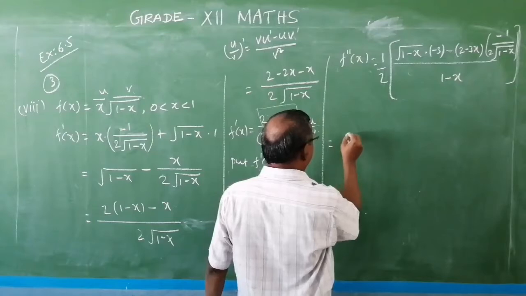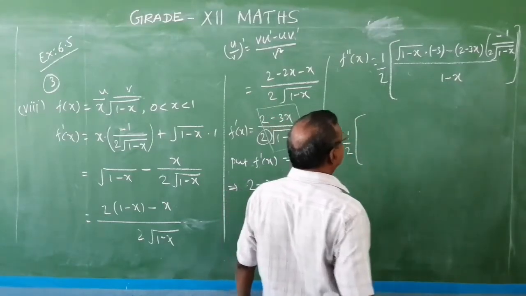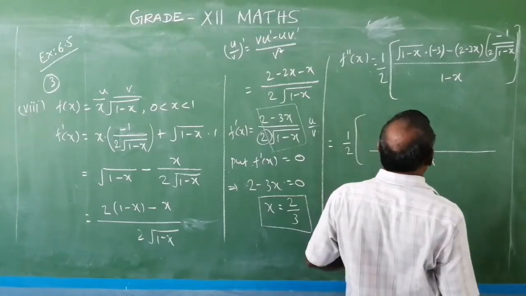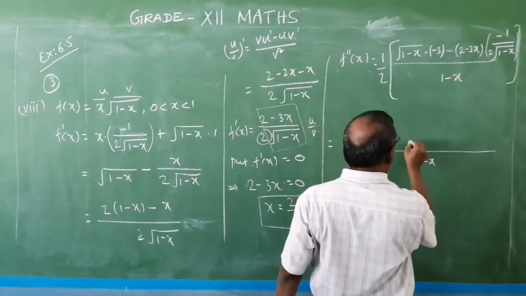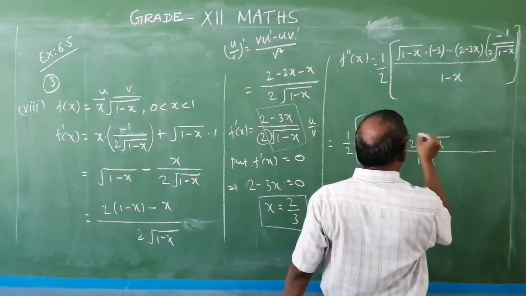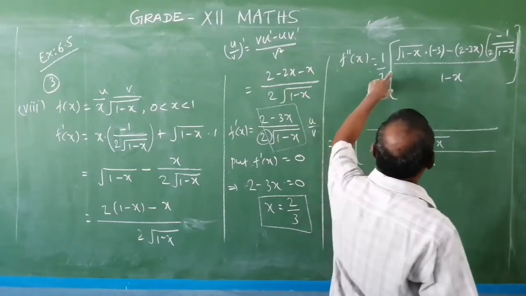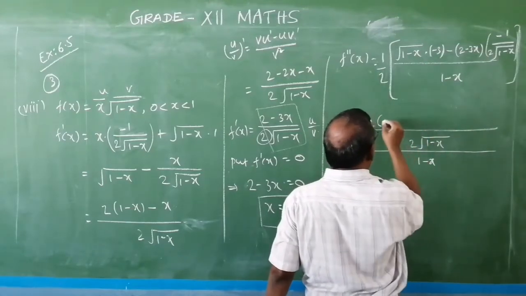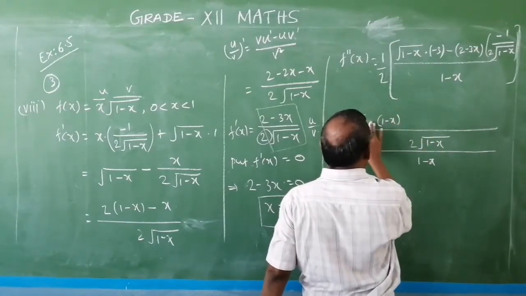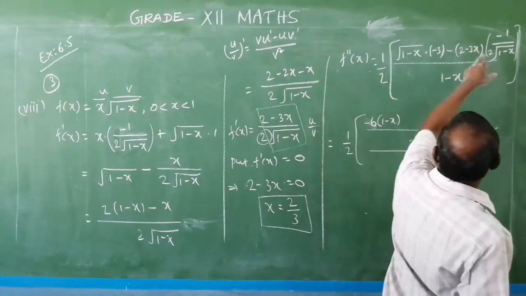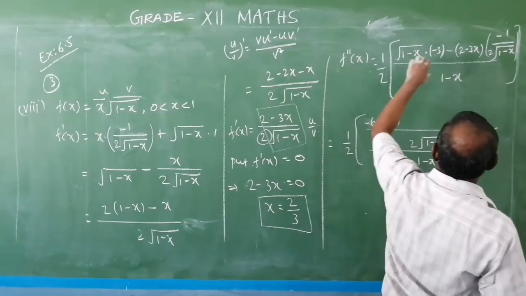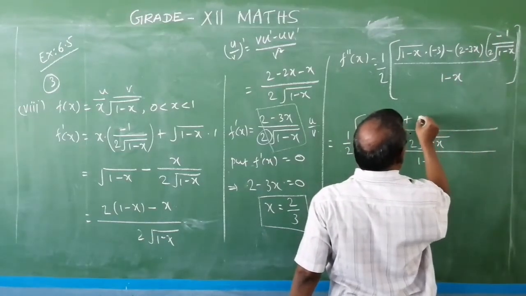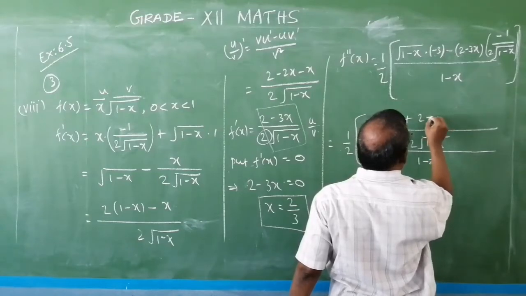That is equal to 1 by 2 into, now taking the LCM, the denominator is 1 minus x, and in the numerator itself we have to make it a fraction, that is 2 into root of 1 minus x is the LCM, and 2 into root of 1 minus x into root of 1 minus x, again into minus 3 equal to minus 6, the roots cancel, and now this minus 1 into minus, plus into 2 plus 2 minus 3x.